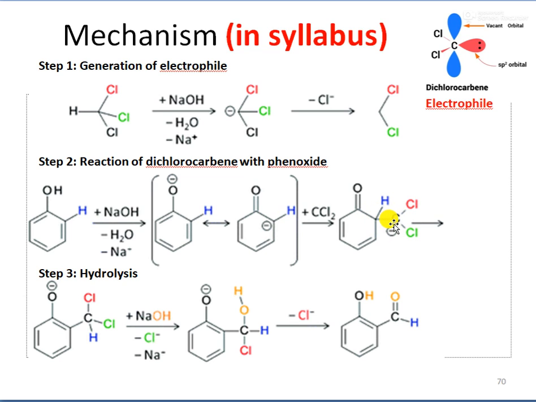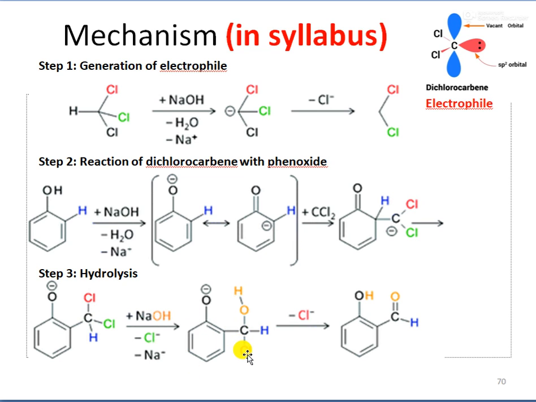In the next step there is hydrolysis. There is excess base present in the medium. As a result of this hydrolysis, one of the chlorine atoms will be replaced by the OH from the base.